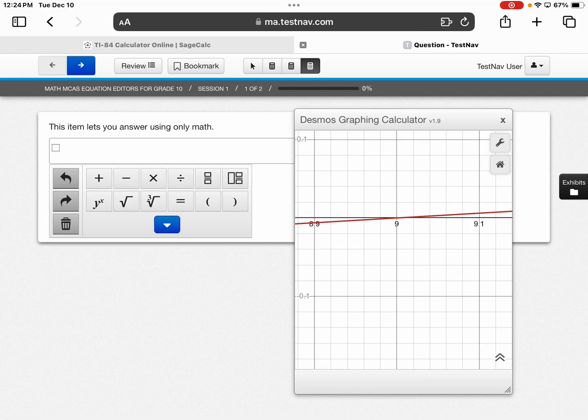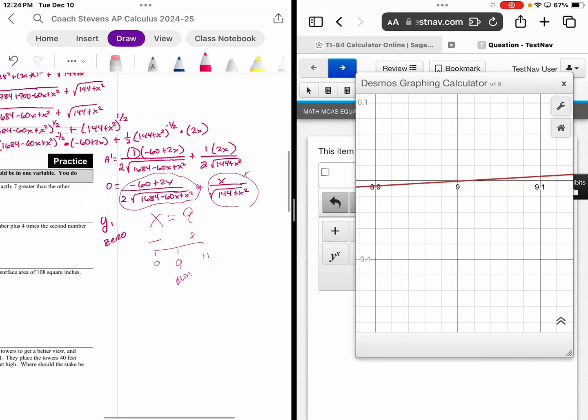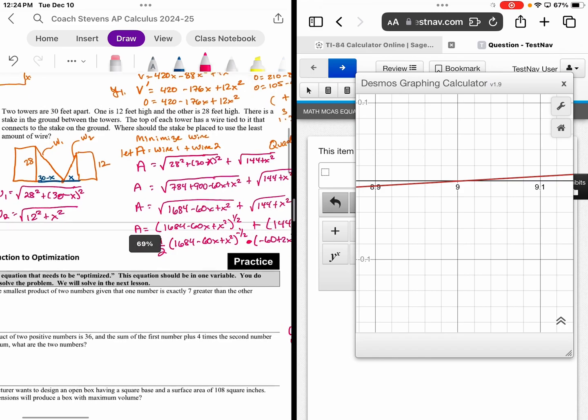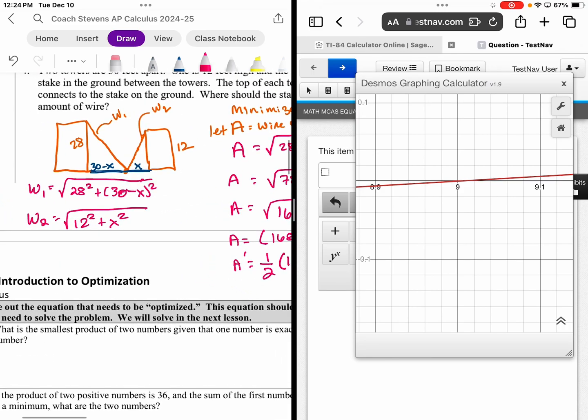Okay. So x would need to be 9. That tells us now we can go through and figure out, what's the length of wire? Let's put 9 in for x.